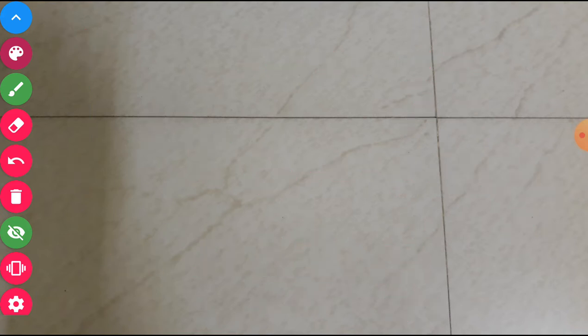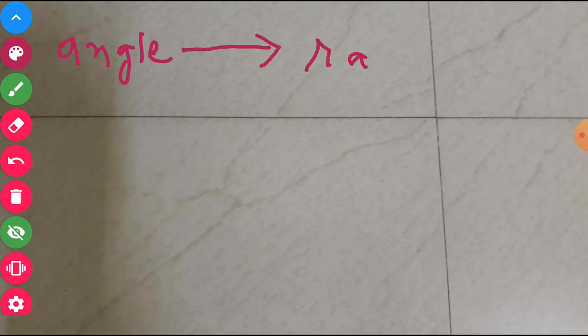The other thing, the angles which are given to you must be converted into radian. They must be converted into radian.